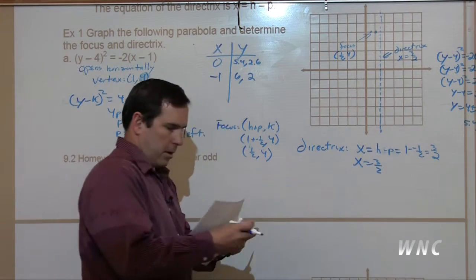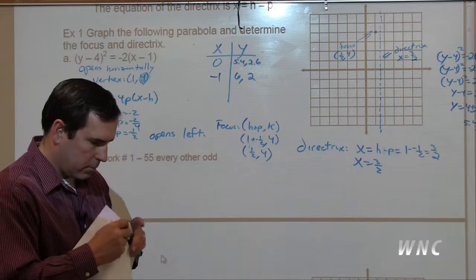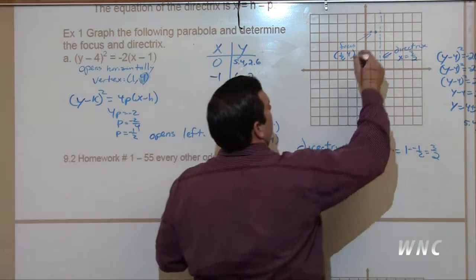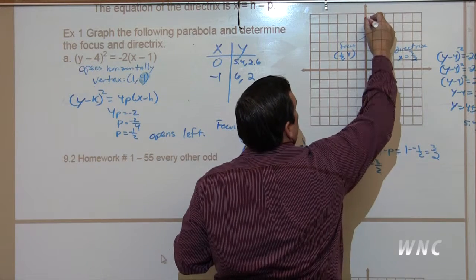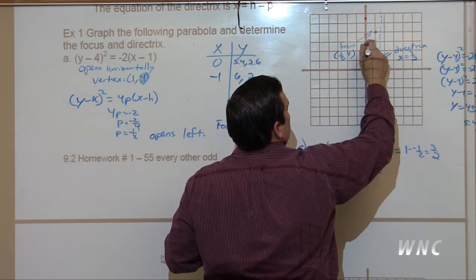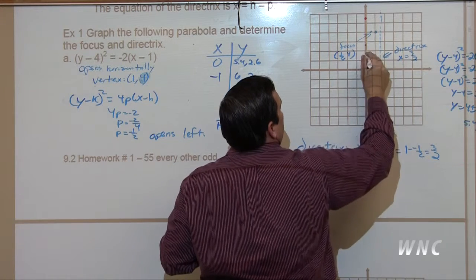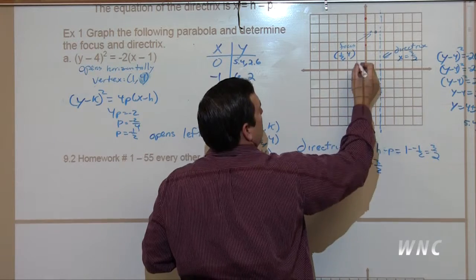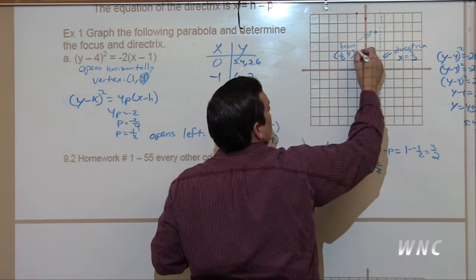Let's plot this out and draw the curve. 0 is at 5.4 and 2.6. And then for negative 1, we're at 6 and 2.